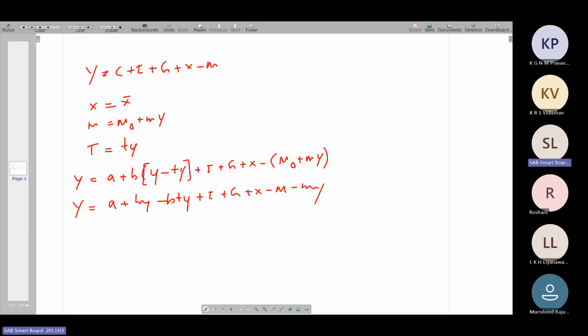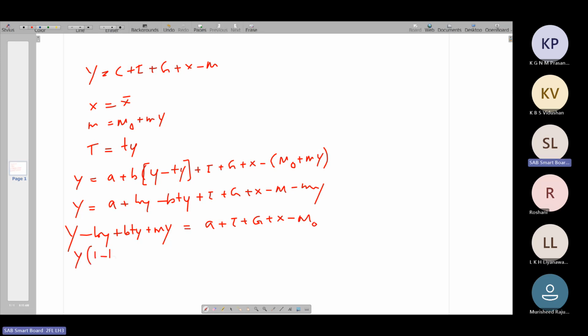You remove the brackets: minus bty plus I plus g plus x minus m0 minus my. Take the y terms to this side: minus by plus bty plus my. All the right hand side variables, a plus I plus g plus x minus m0, are the autonomous expenditure.